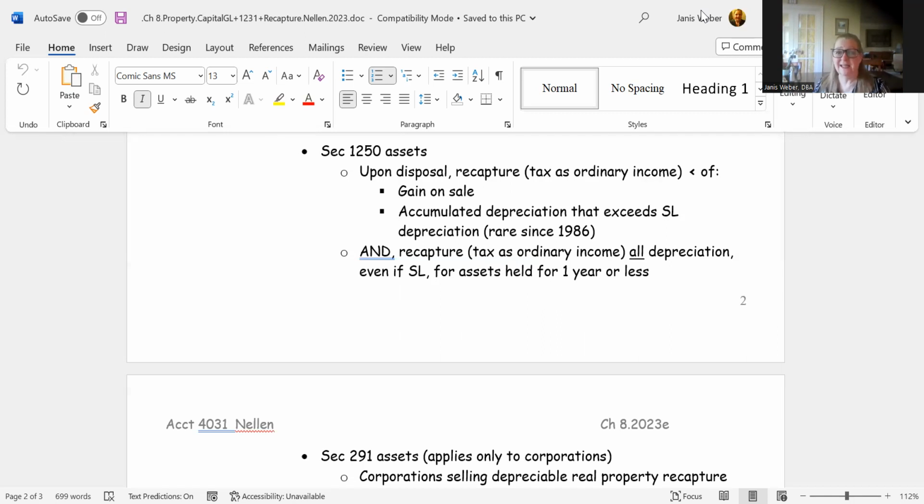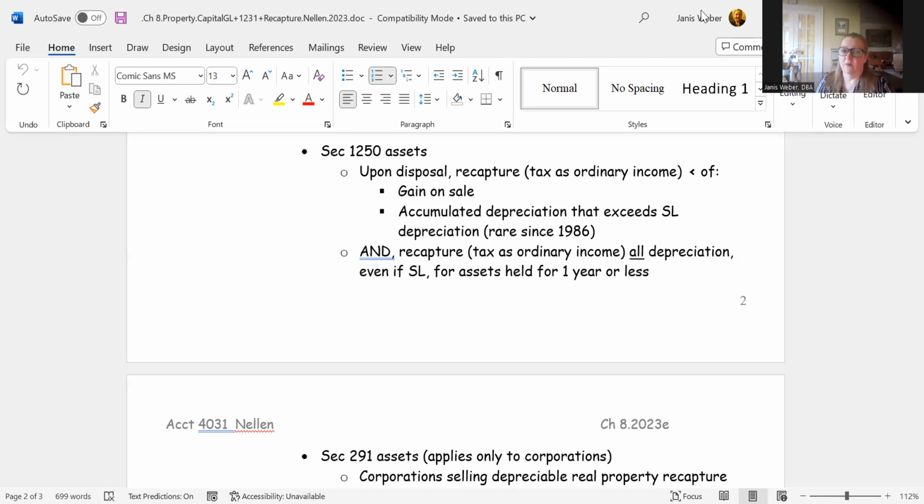So since 1986, most assets in service right now were put in service after 1986, but a few were not. If you're still depreciating an asset from earlier than 1986, then you might have some recapture. Or if you have an asset you're selling that was depreciated back then, you also might have some recapture for 1250. But if you have current assets that have been in service in the last few years that you sell, there won't be recapture in 1250 because you would have depreciated on straight line.